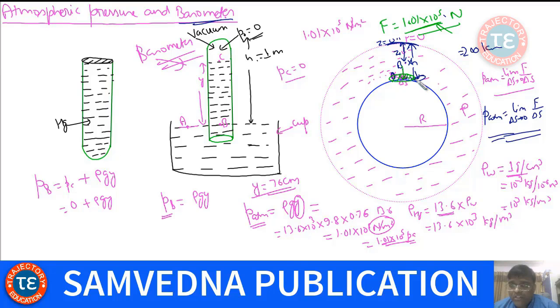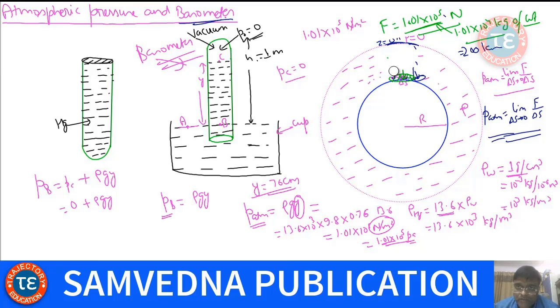This is equivalent to as if you have kept on this 1 meter square a body of mass 1.01 into 10 to the power 4 kg, as if somebody has put about 10,000 kg of mass over here. So this is a huge weight, right?